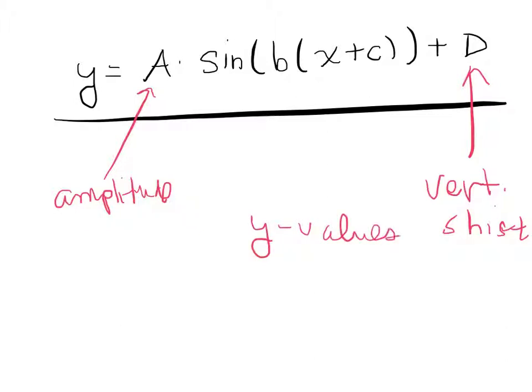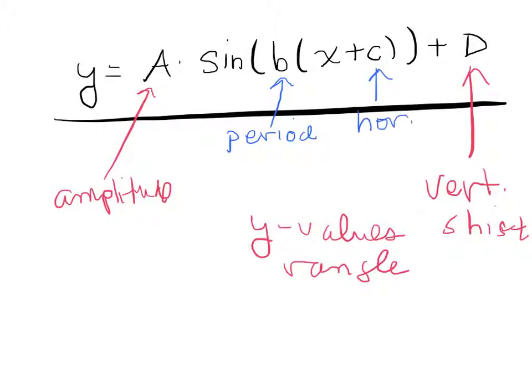And in particular, they affect the range. Now, the b changes the period, and the c is a horizontal shift. And what we see is that both of these affect the x values.